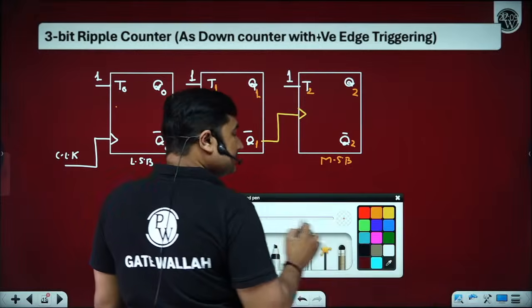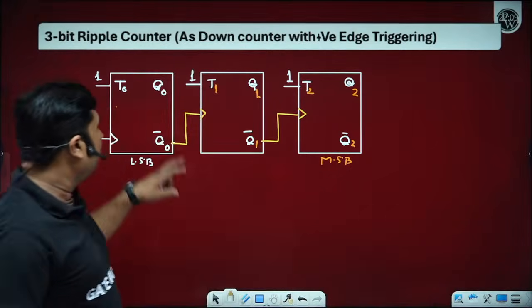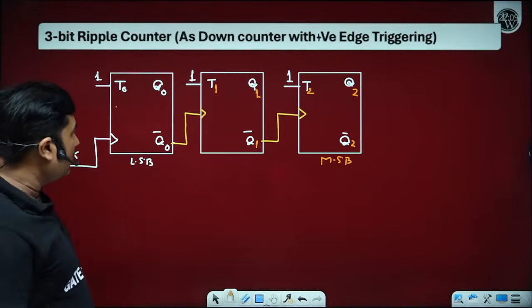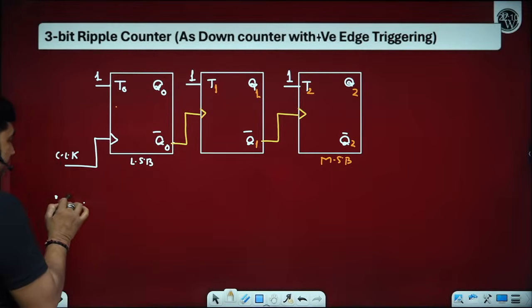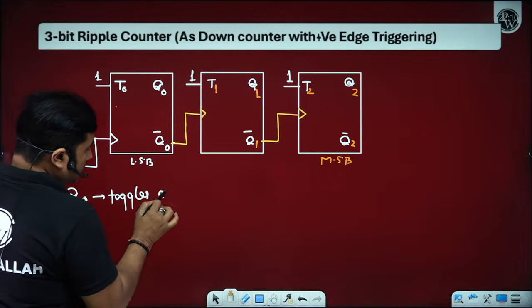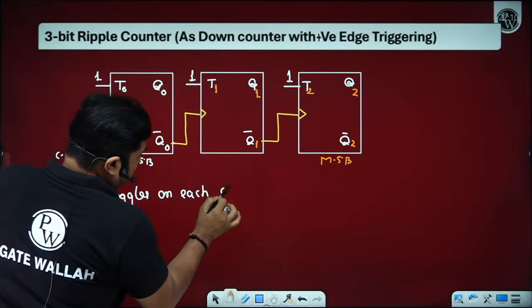Now we all can see that Q0 toggles on every positive edge triggered clock pulse. However, Q1, I'm just writing here, Q0 toggles on each clock.